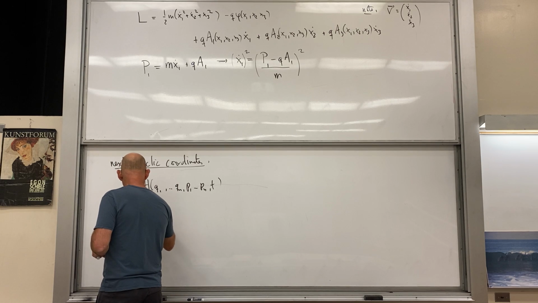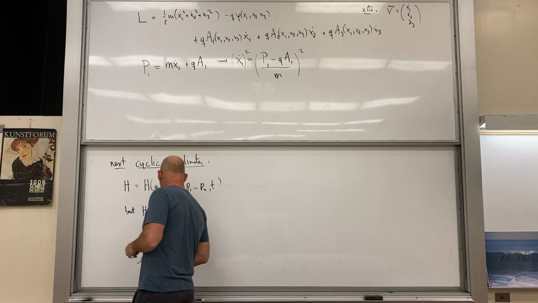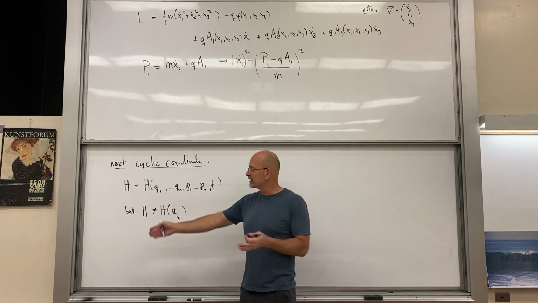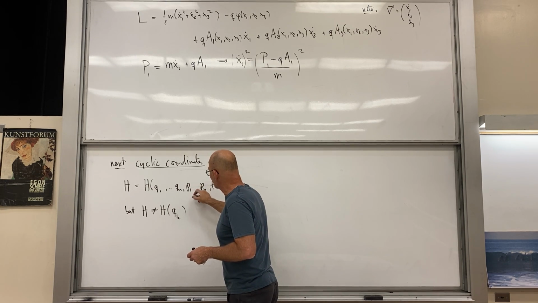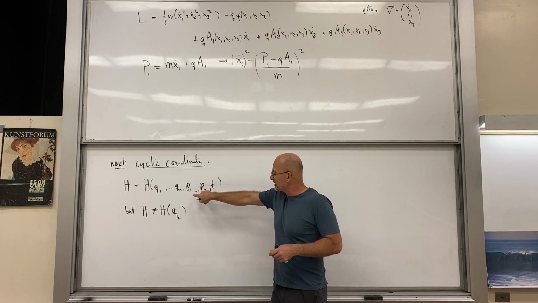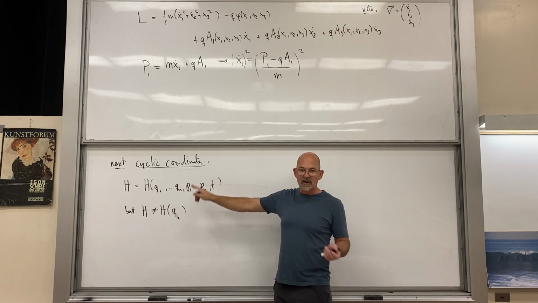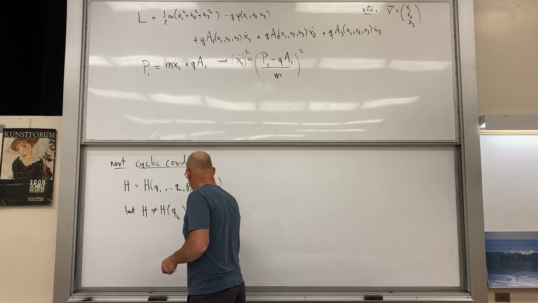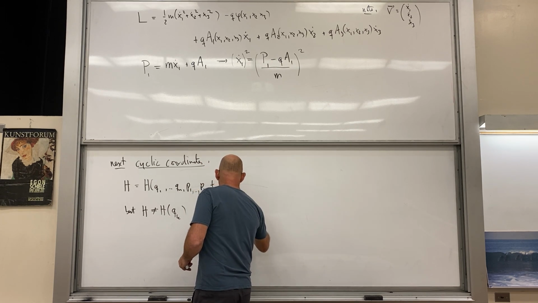Let's say H is not explicitly a function of some q sub k. So one of these between 1 and n is not explicitly present in the Hamiltonian. It's really the same as in the Lagrangian formalism. You've got all of your momenta, you're missing one of the coordinates, just as in the Lagrangian you have all of your generalized velocities and you're missing a coordinate, okay? So good, this is what I mean. So q sub k is cyclic.